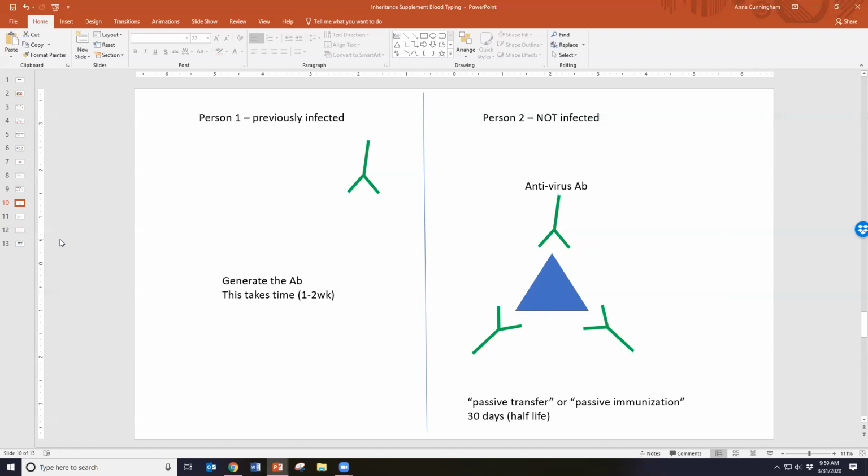This, again, is a therapy, a short-term fix. It would be amazing. I do know that they're working really hard on trying to do that.